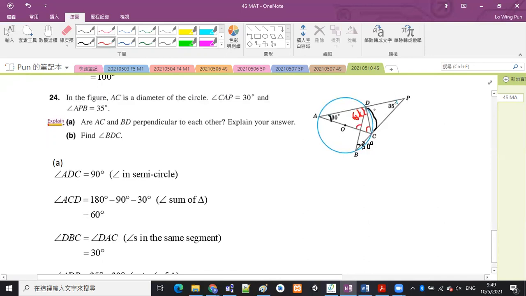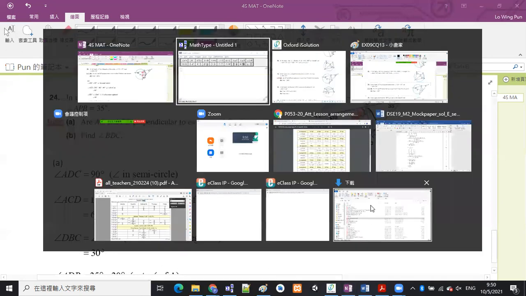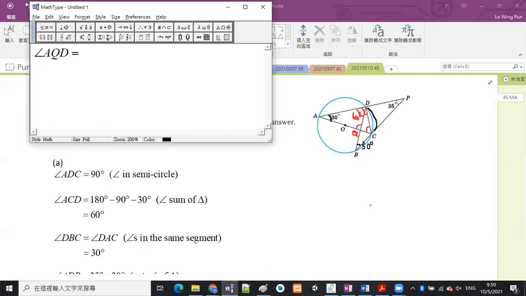Okay, and then we can actually use angle sum of triangle to calculate this angle, the target angle, to see whether it is equal to 90 degrees or not. Let's give a name to this point. This one is point Q. Angle AQD is equal to 180 degrees minus 30 degrees minus 65 degrees.